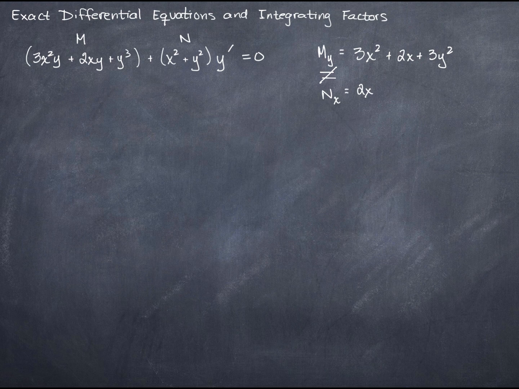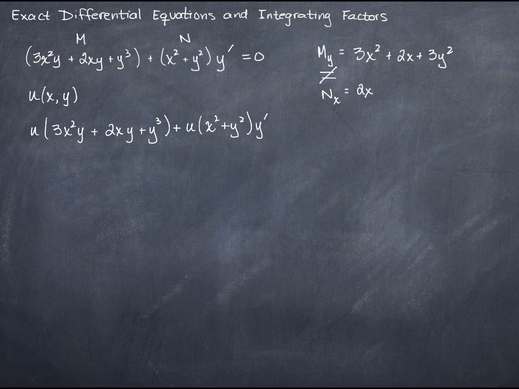I'm going to find a function u of x and y, so that u times (3x squared y plus 2xy plus y cubed) plus u times (x squared plus y squared) times y prime is equal to u times 0.